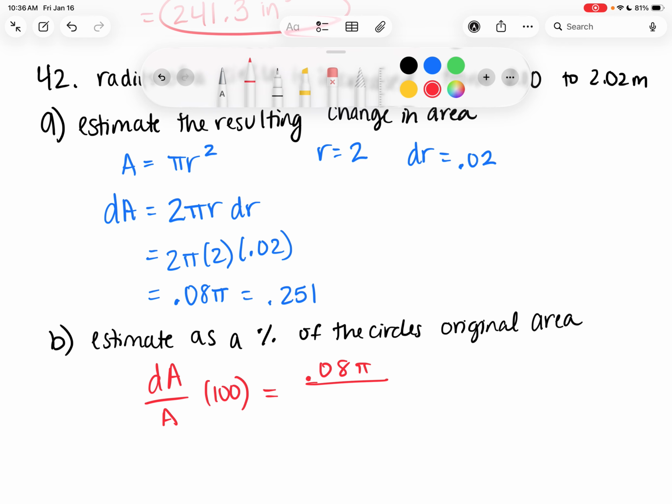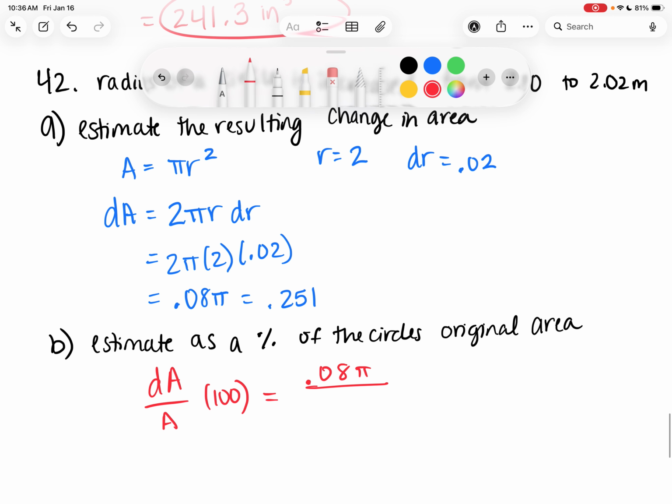That's probably why they wrote the answer both ways now that I'm thinking about it. And then over pi times r squared, so I'm just going to write it as 4 pi, and then all times 100.